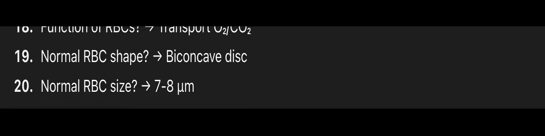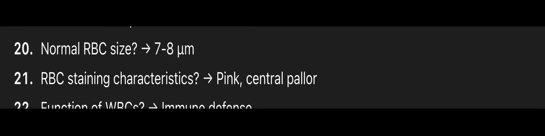What is the normal red blood cell size? So on the screen here, if you've looked at it, it says 7 to 8 micrometers. But as we got further along in our PowerPoints and lessons, it actually opens it up more to like 6 to 8 micrometers is the normal red blood cell size.